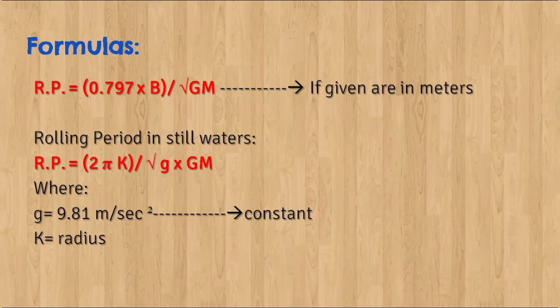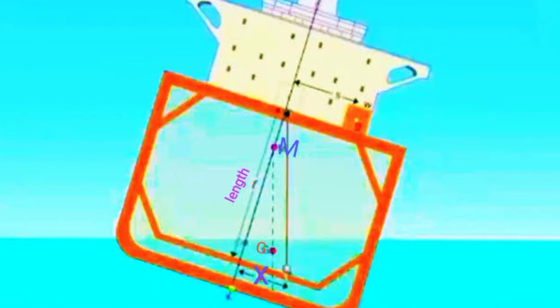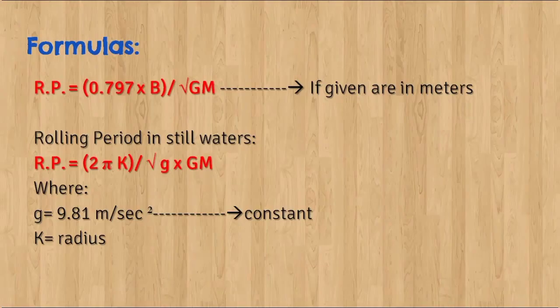Now, the rolling period in still water has something to do with the inclining experiment done after the ship is dry docked and before the ship is put into service, like if the ship is newly built. So this is the formula used by the naval architects to determine the rolling period.